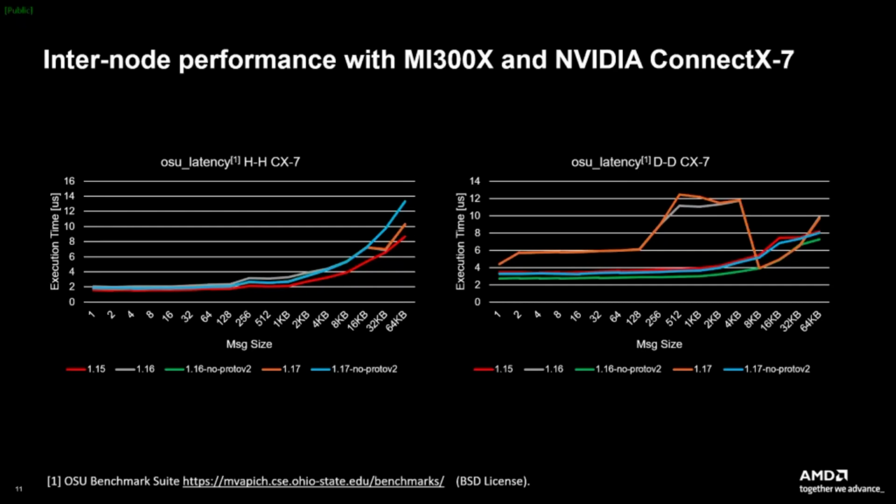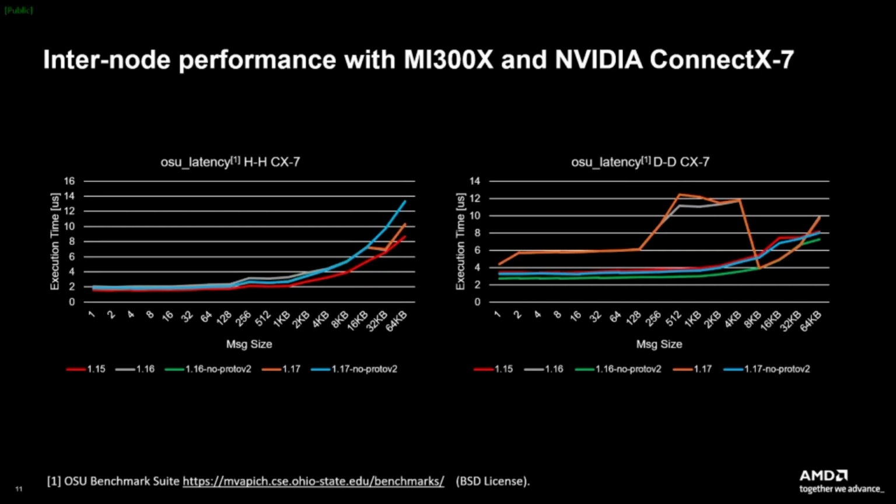We found a little bit of a discrepancy once we reached the 1 to 2 kilobyte range. And very often, because of that, we had to switch back to no Proto V2, which basically means we disabled the Proto V2 option for that configuration.